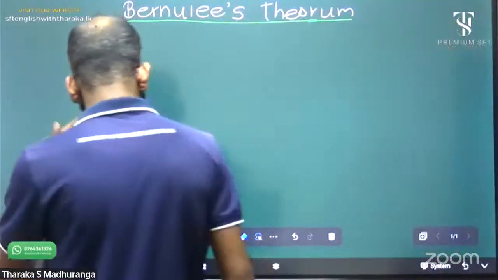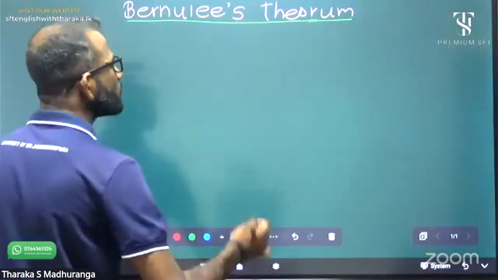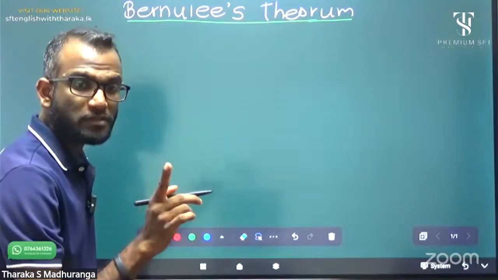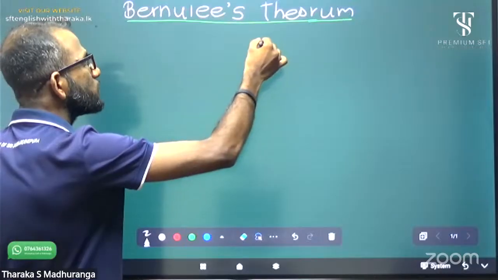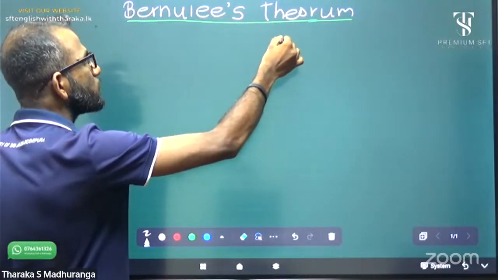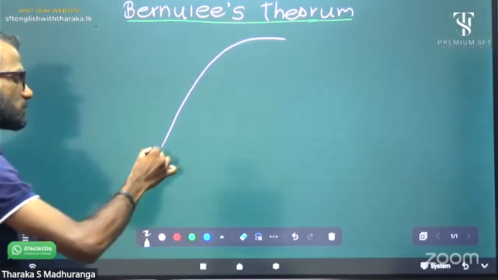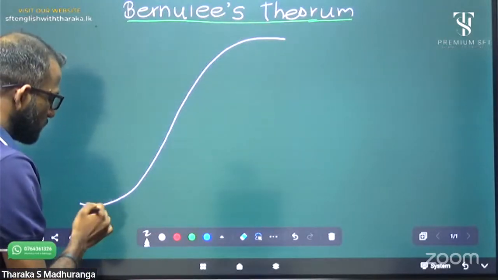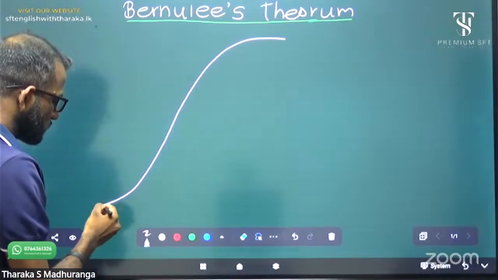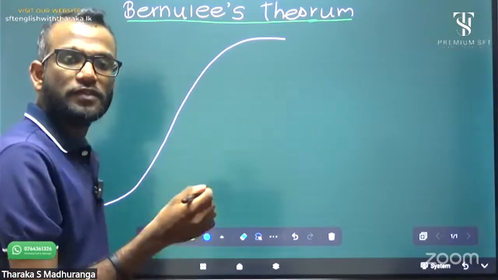Now think very simply. It is a stream tube. Now you already know the meaning of stream tube, right? Think it is a stream tube. What's the meaning of stream tube?